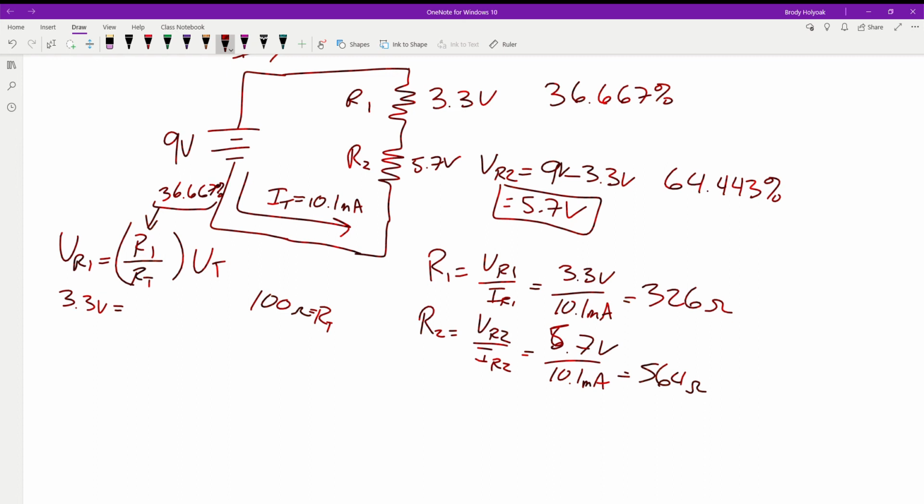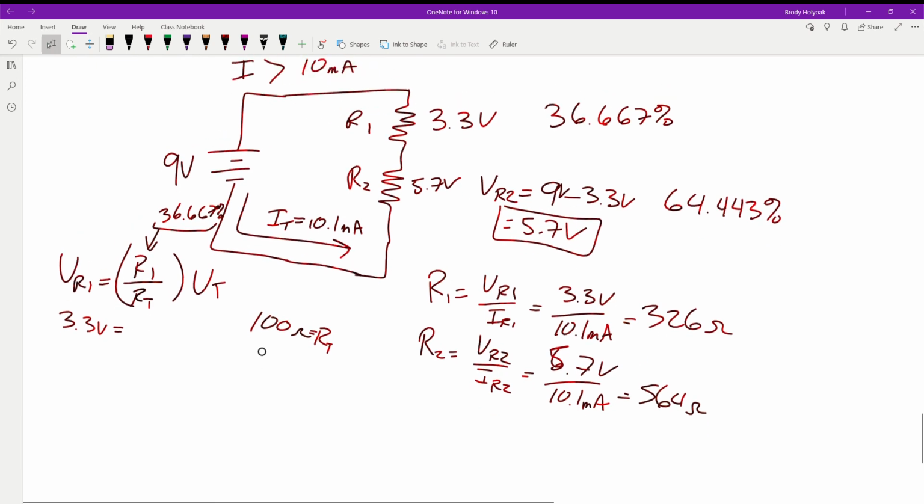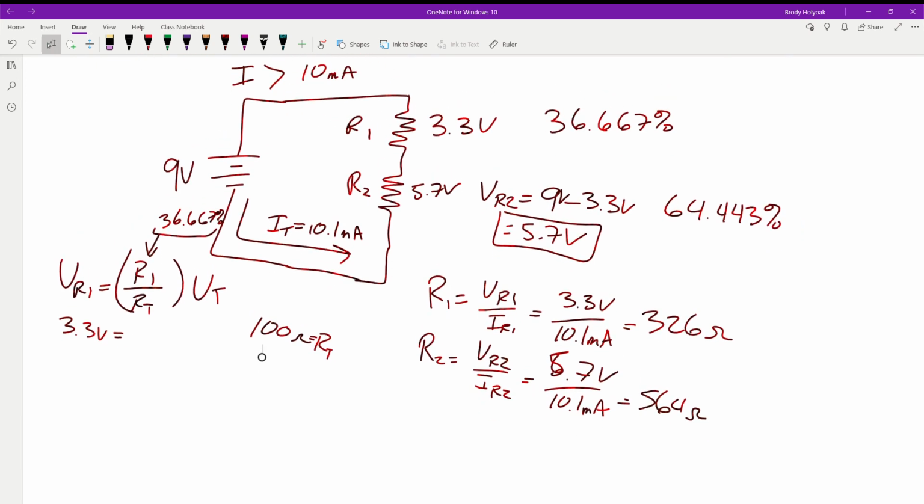And I knew that if I had 9 volts and 100 ohms, I'm going to have more than my 10 amps, or 10 milliamps, because we don't have an R total. So we have to pick one, keeping in mind this constraint. And I knew 100 ohms and 9 volts would give us plenty of current.